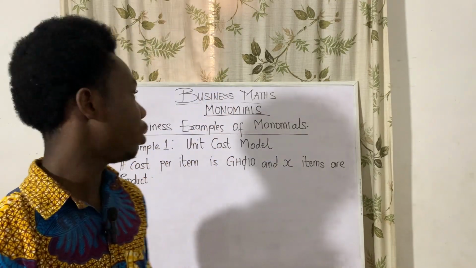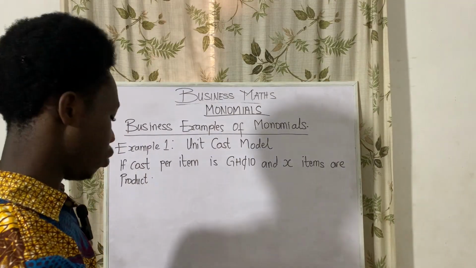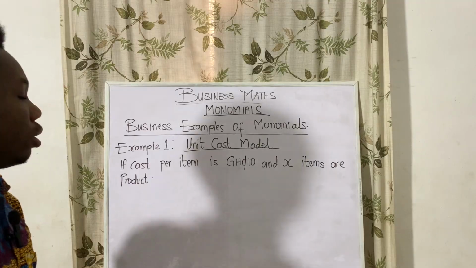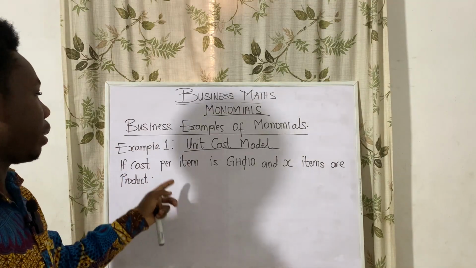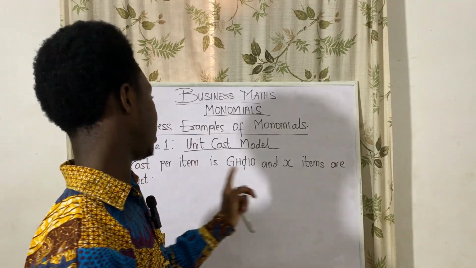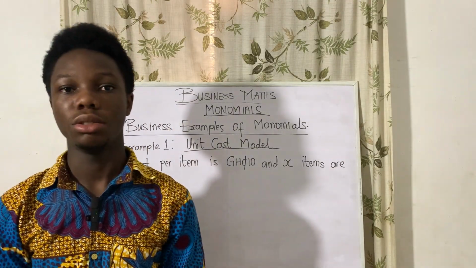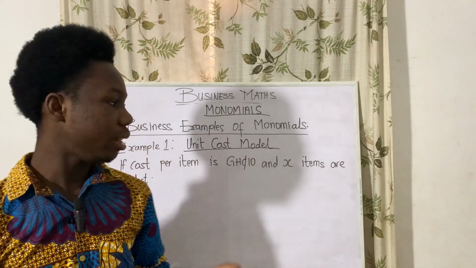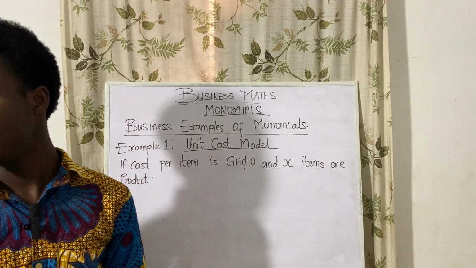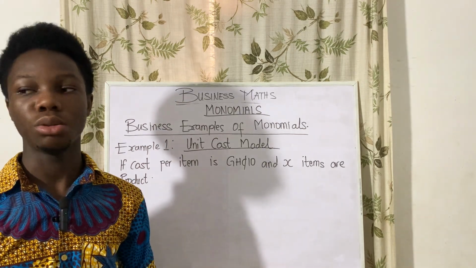Now, let's look at business examples of monomials. Example 1, over here we have a unit cost model. The question is, if cost per item is 10 Ghana cedis and X items are produced. Let me break this question down. It is saying, if a company sells an item at 10 Ghana cedis each and sells X items, what is the total cost?